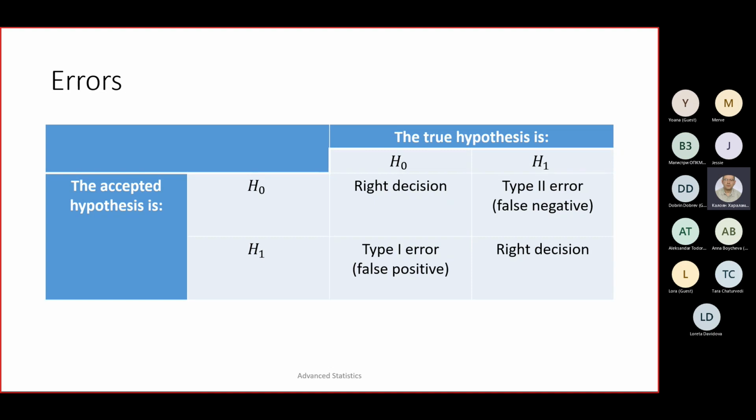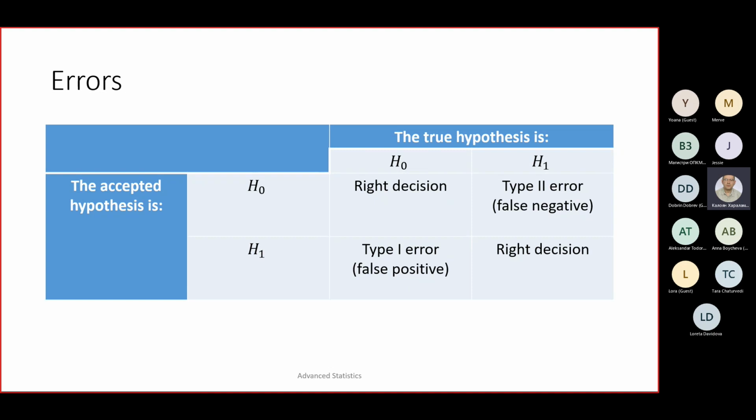I'm not sure. If the test shows that this person has no COVID, this will be false negative, because the true is that this person is ill, and the test shows that he or she is not ill. This is false negative.